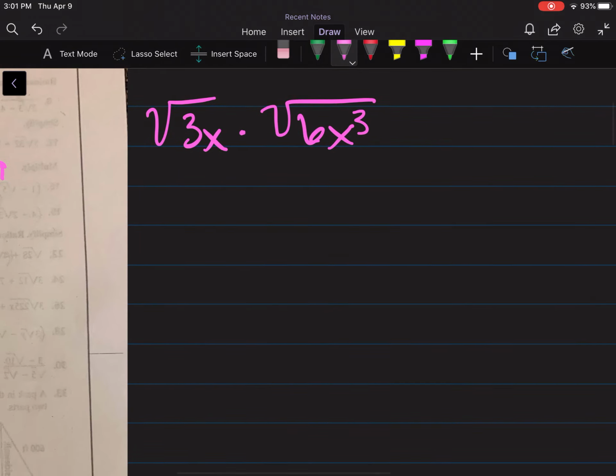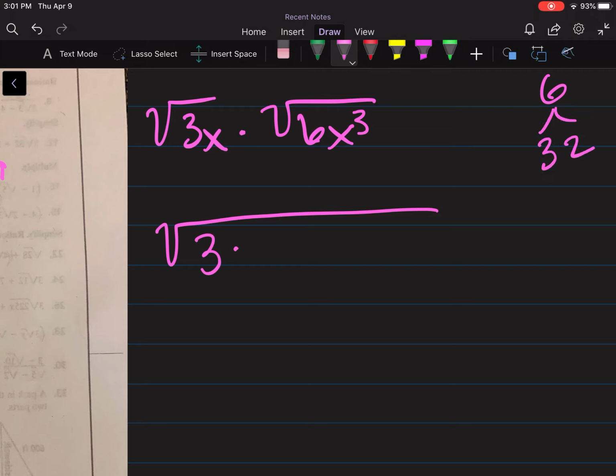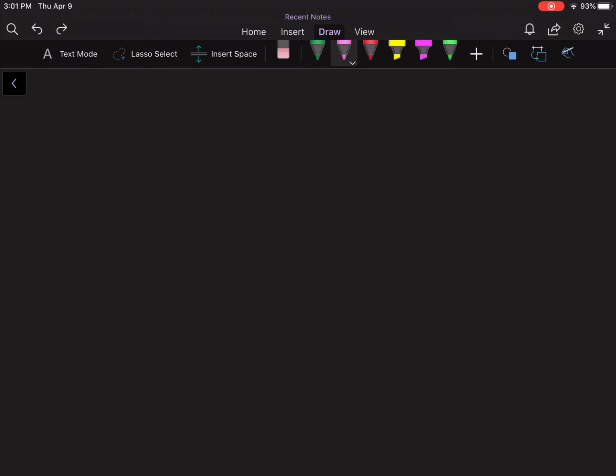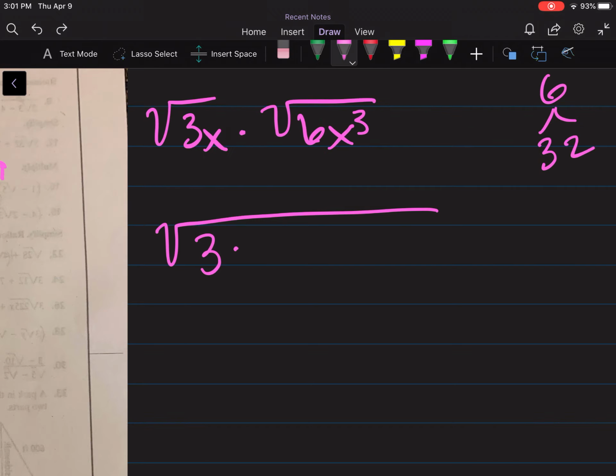Okay, so under here, I'm going to just break my numbers 3, because I can't break that down anymore, and then my 6 over here I can break down to 3 and a 2. So I'm going to put that over here. So I have 3 times 2 times 3, I'm messing that up, sorry. Let's write our 3 first and our 2 second.